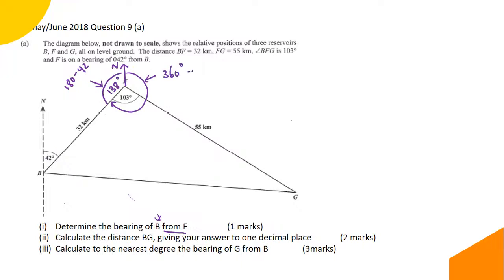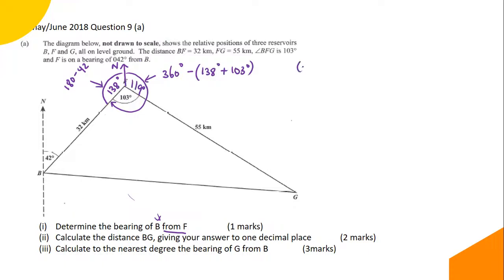So 360 take away these two angles, 138 and 103, will give us 119 degrees. And that's the angle as the answer.